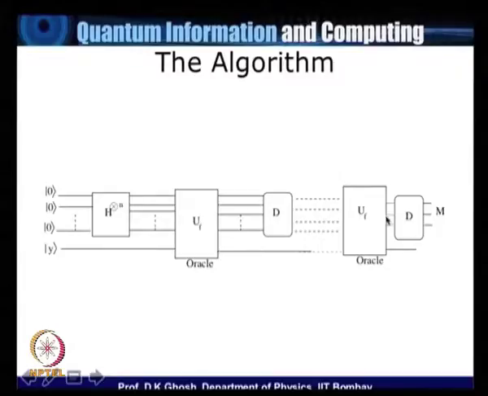The reason you are seeing this dot dot dot is that this oracle is to be applied square root of n number of times. Now remember, I am not doing any measurements at all. The measurements will be done at the end of the calculation, when I know that there is a significant possibility of it becoming this.